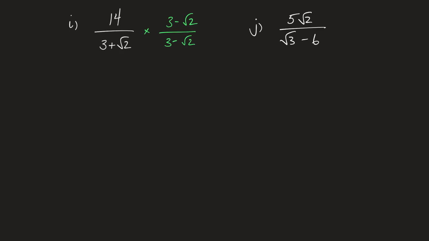Your denominator was 3 plus root 2. When we just tried that last method, we couldn't get rid of our middle term. But if I multiply by its conjugate, the exact same terms, different sign in between, we're going to see that our middle terms cancel out. So my best option is to use the conjugate of the denominator.